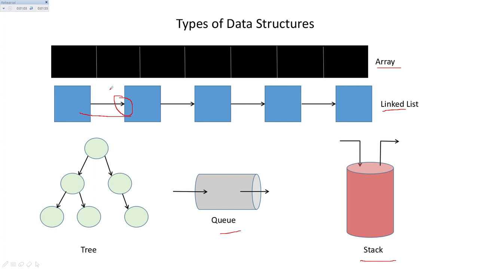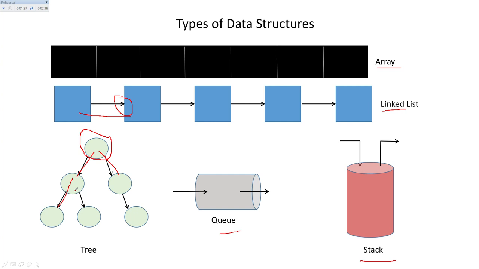But coming into the tree, you can see that one node, I mean this circle thing will be called a node. So one node is connected to two nodes, that is child nodes. So one element is connected to two elements. And also that element is connected to another two elements. So this is a non-linear data structure.